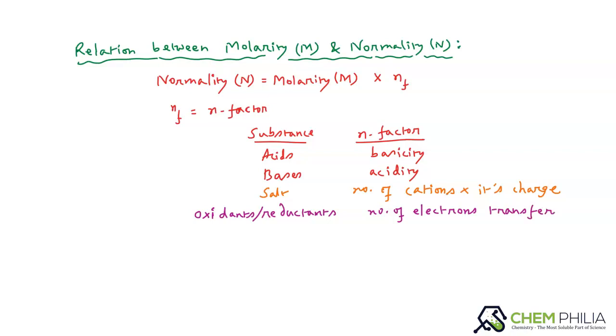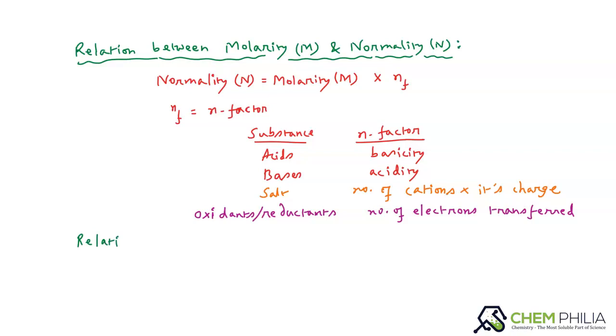Transferred means the number of electrons gained or the number of electrons lost. So I think you have come to know what the N factor is for different classes of substances.